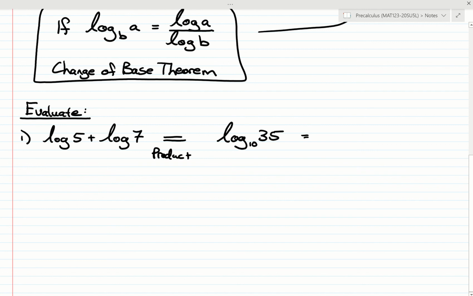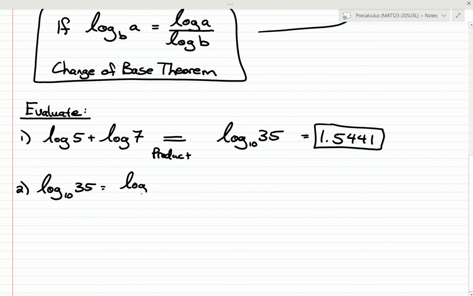Log base 10 is really just regular log, and 35 gives us an answer of 1.5441 if we round to 4 decimal places. What if we just typed in the log base 10 of 35? What I mean is, what if we use the change of base formula?